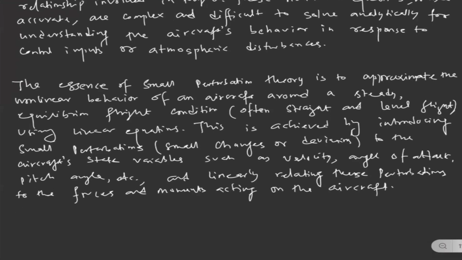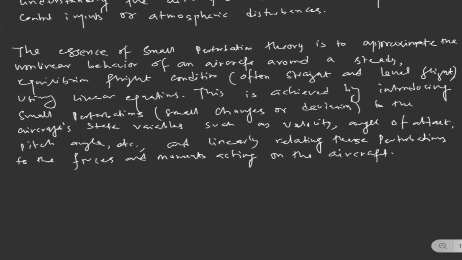So this is basically how we'll be doing the small perturbation theory to the nonlinear system. Here the nonlinear system is the aircraft equation of motion. And let's look at what are the different steps we have to consider for finding the linearized model of the equation of motion.